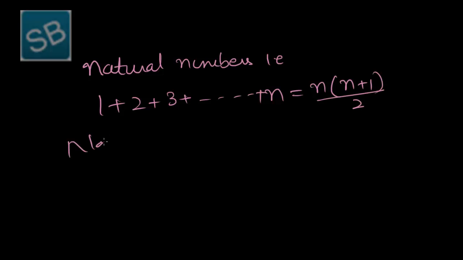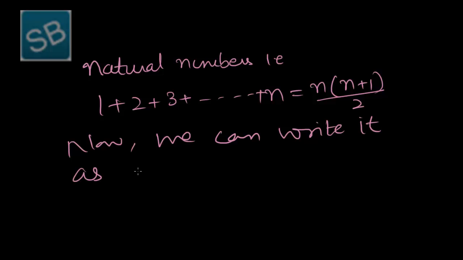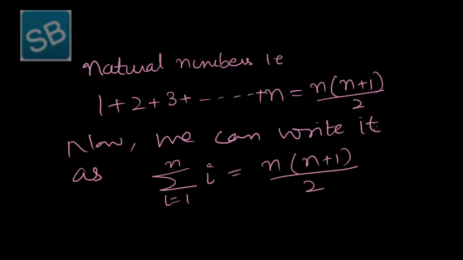Now we can write it as sigma i from 1 to n, that is i is equal to n into n plus 1 over 2.